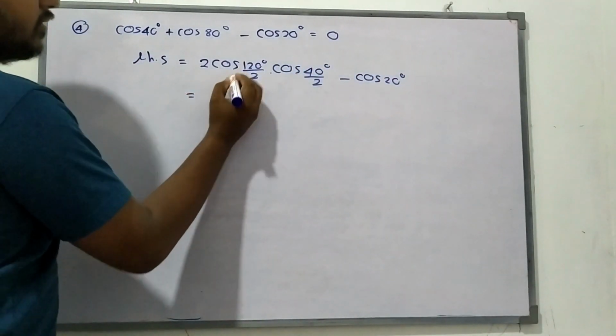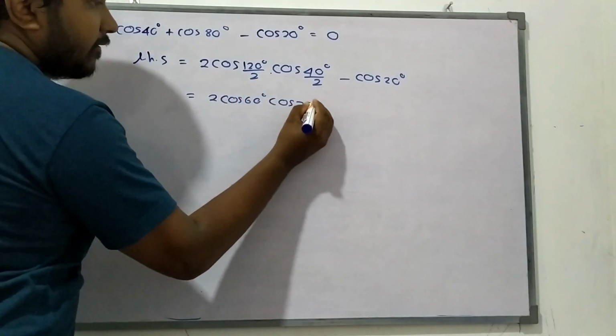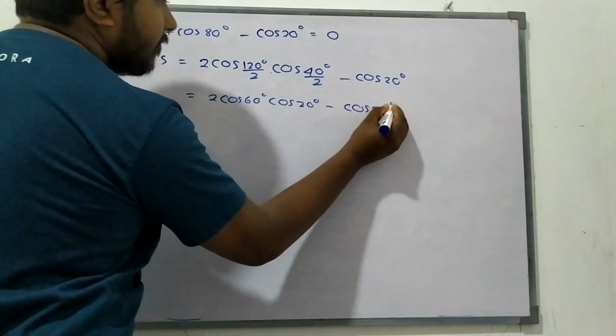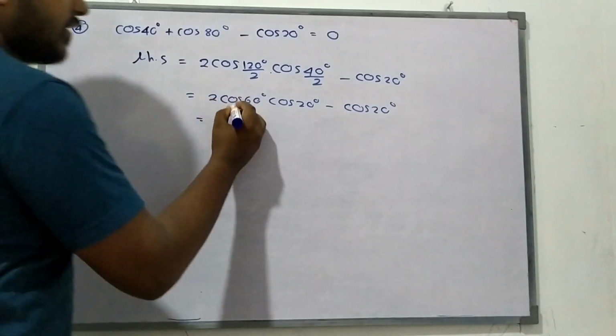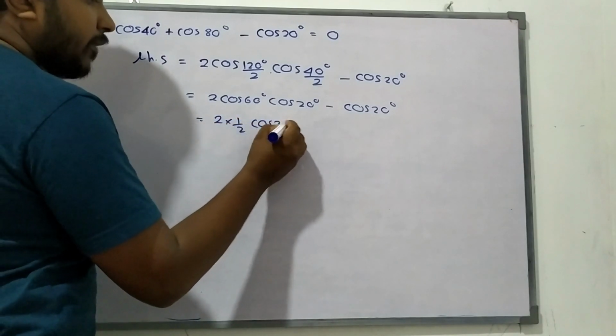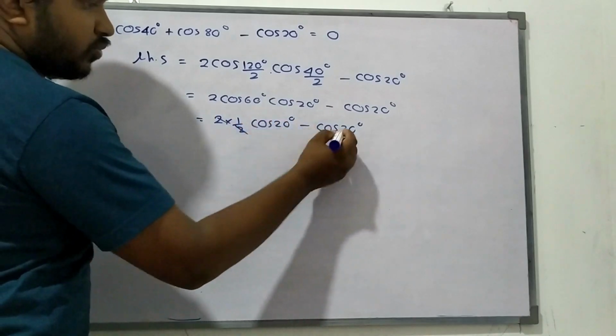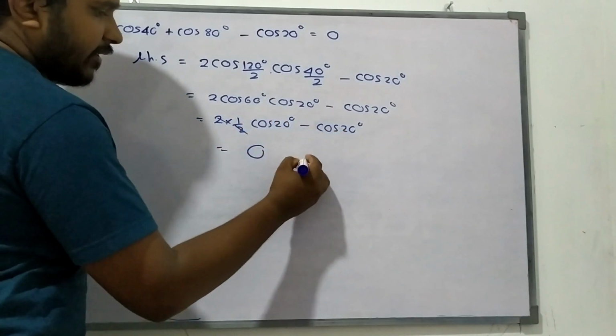So then this is cos 60 cos 20 minus cos 20, right? So basically this is half, no? Half cos 20 minus cos 20. Cos 20 minus cos 20 is 0. This is right hand side.